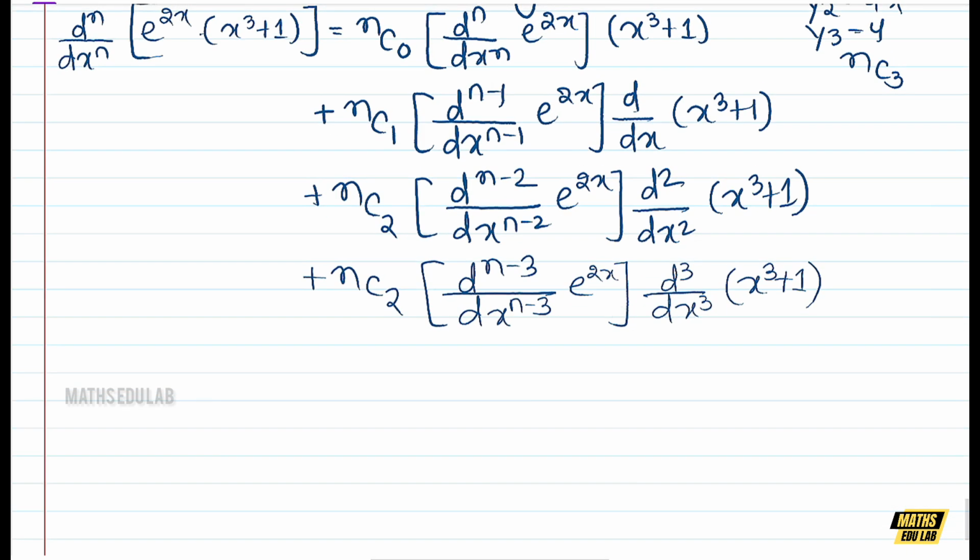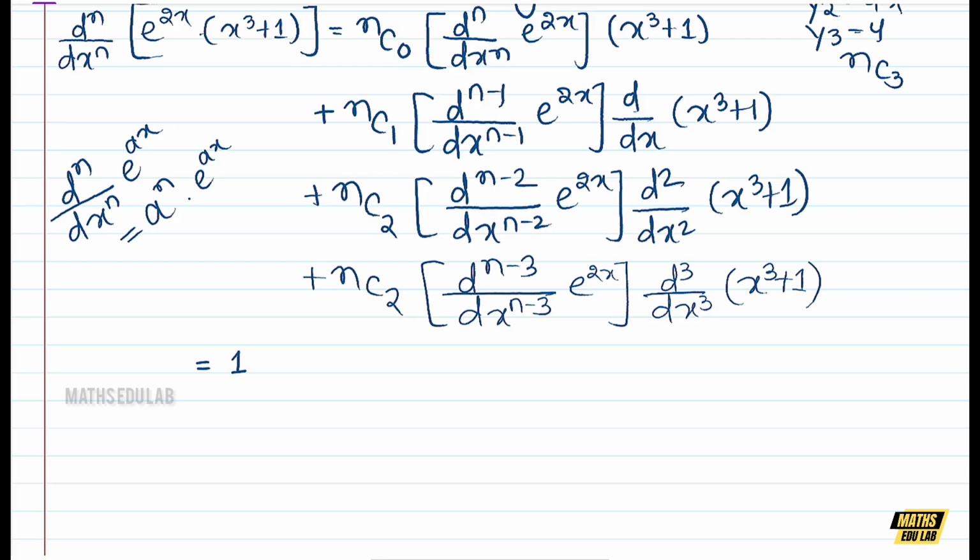Now we will substitute the values. On substituting, the nC0 value is 1, and for the derivative of e to the power of 2x we have a formula: the nth derivative of e to the power of ax is a to the power of n into e to the power of ax.